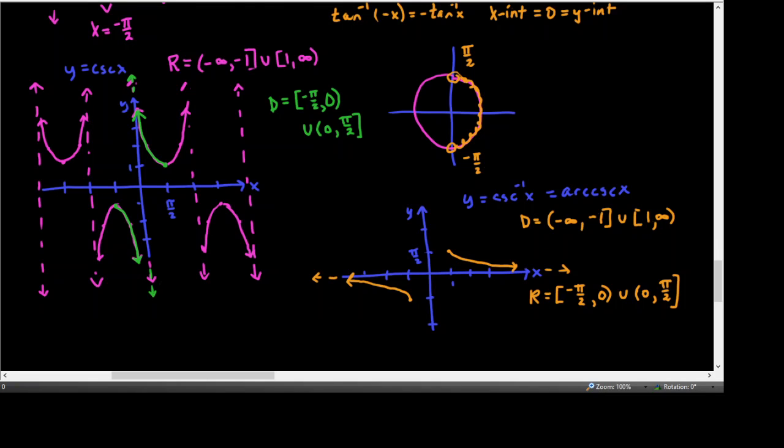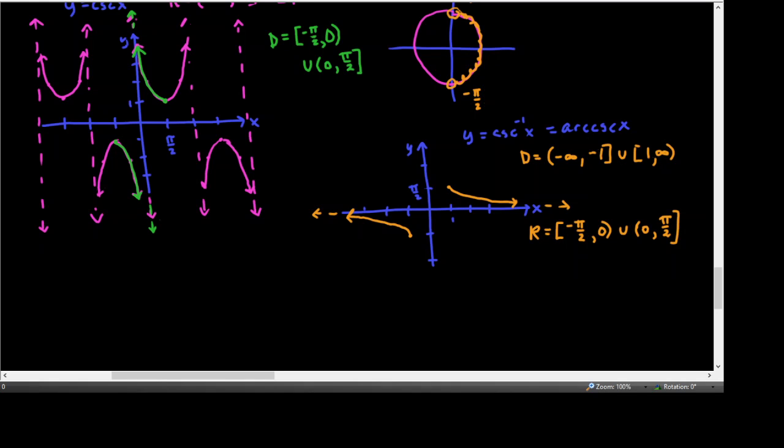Let's see. So this function actually decreases on its domain. Let me think. What else do I want to say? It has no intercepts. It is an odd function, which means it has an odd identity.